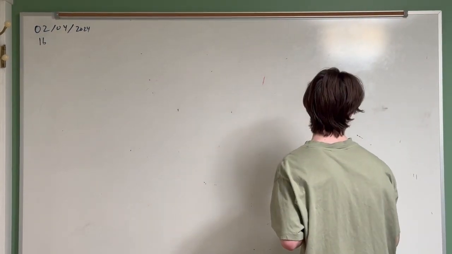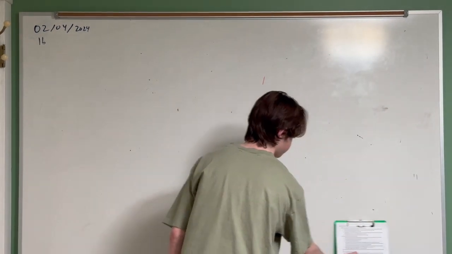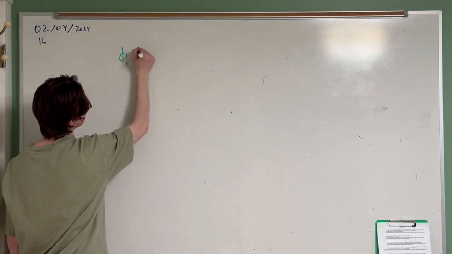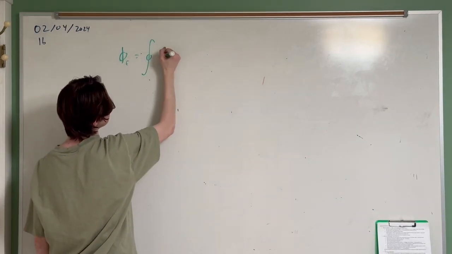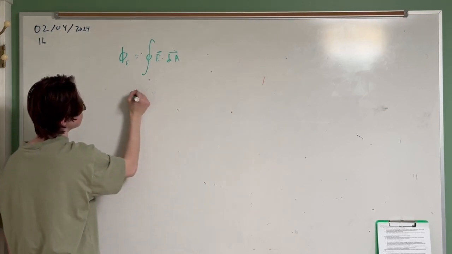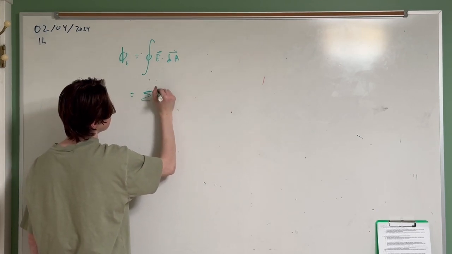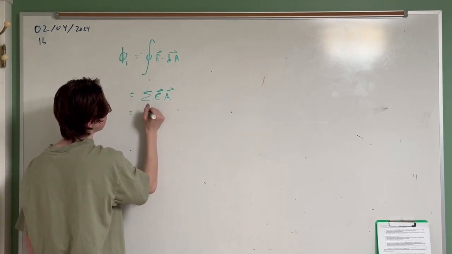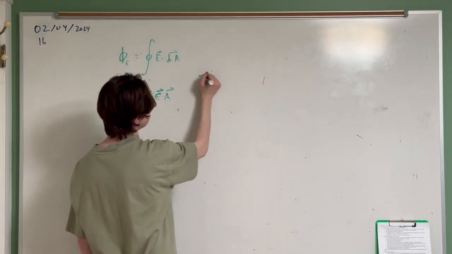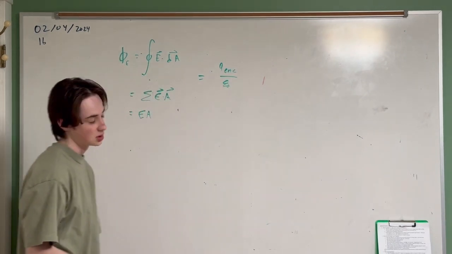I should probably just go back over all the formulas from that. We have electric flux is equal to this thing, or it's equal to this thing, or it's equal to this, based on the circumstance. All of that is equal to Q enclosed over epsilon naught always.